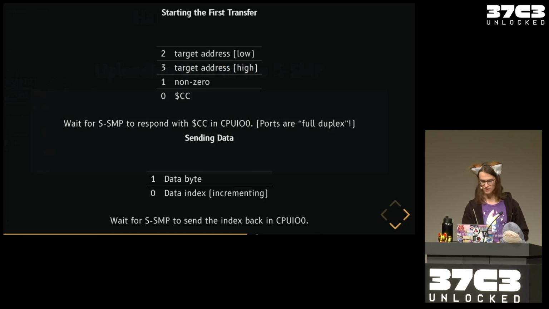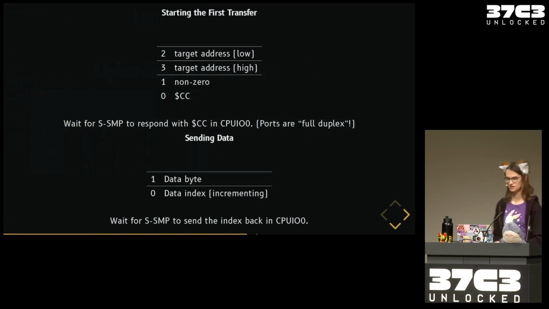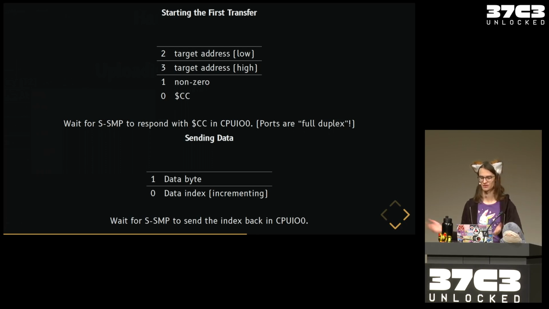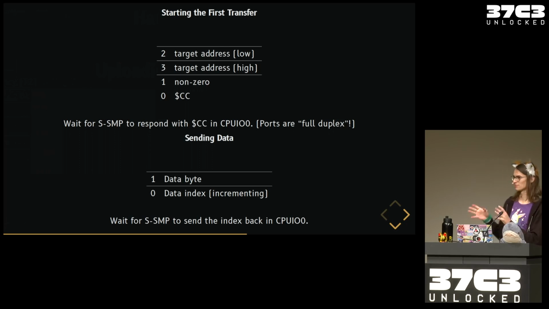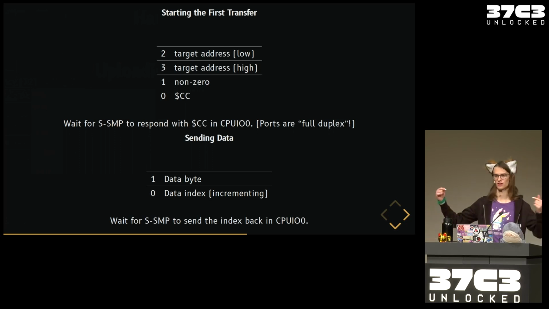So the way that this works from the CPU's perspective is, for starting the first transfer, we write the target address of the memory that we want to upload into ports 2 and 3. We write a non-zero value into port 1, and we write the magic value CC into port 0. What is important to remember here is that those ports are full duplex.